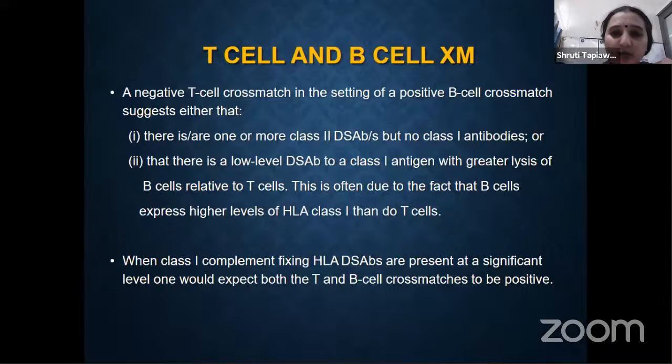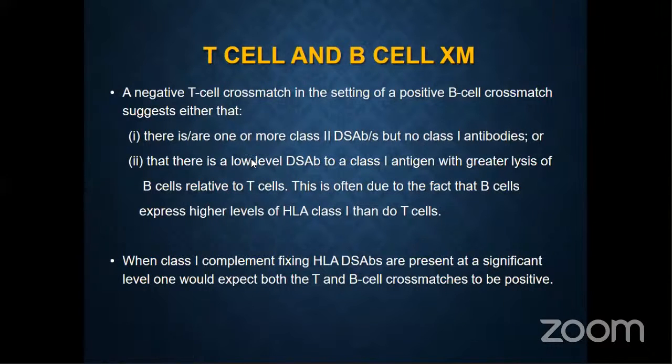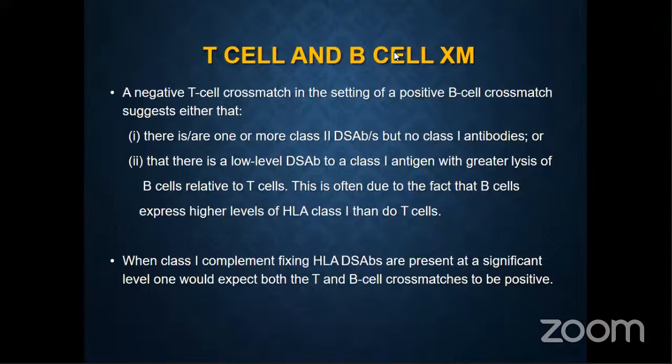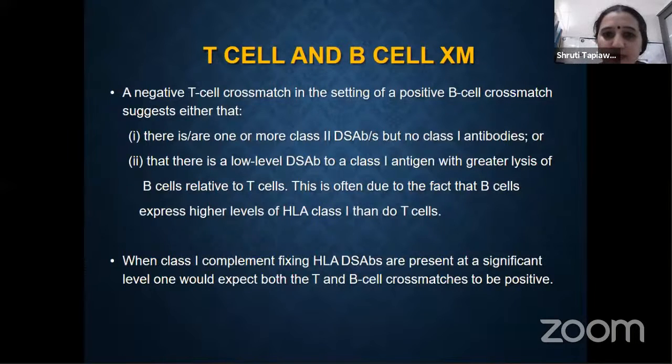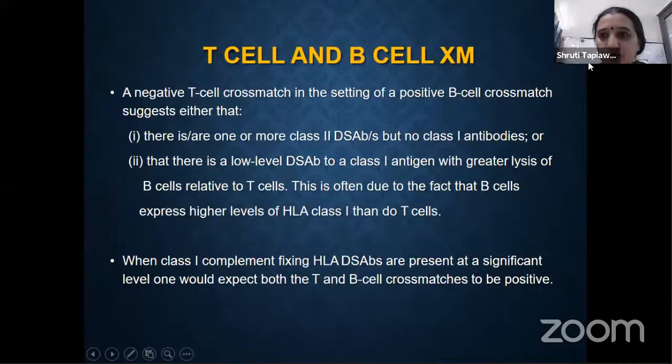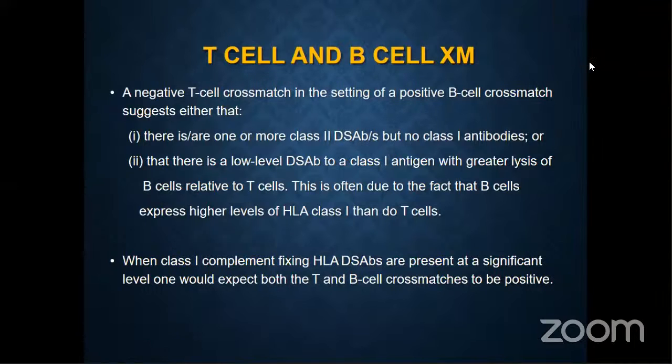So when class 1 complement fixing antibodies, again I have to allow people. Yeah, Shruti, Manoj here. Sorry to interrupt. What you can do is, since you are host or co-host, you can just disable the waiting room. If you disable the waiting room, people will be able to join on their own. So there's a setting. And how do I do that? Yeah, so I'll just tell you how to go in the participants. There are those 3 dots in the participants. I can't see that because I am the participant. Yeah, 3 dots.